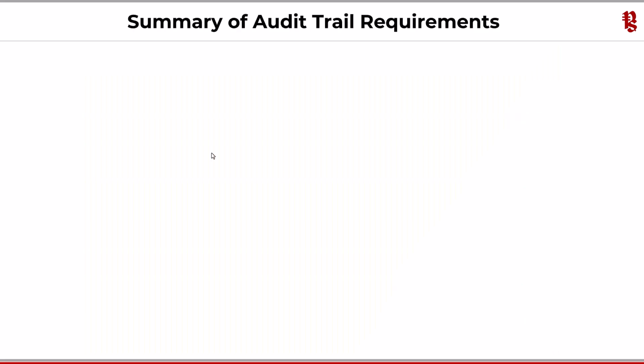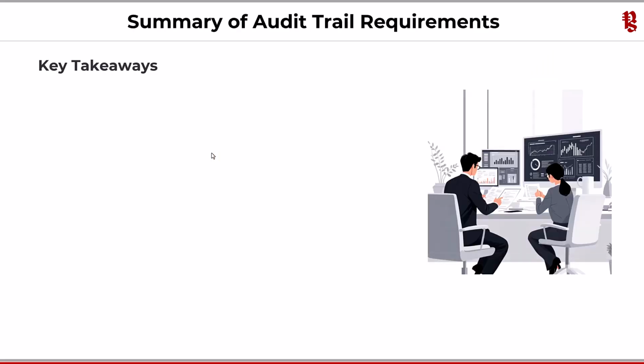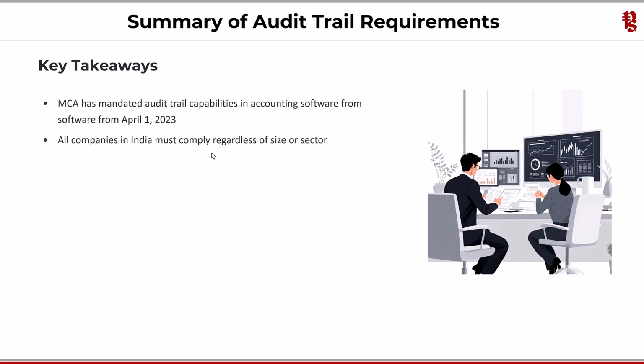Let's quickly summarize the audit trail requirements. What are the key takeaways? MCA has mandated audit trail capabilities in accounting software from 1st of April 2023. All companies in India must comply regardless of size or sector. Tally Release 6.1 offers significant enhancements over previous versions.